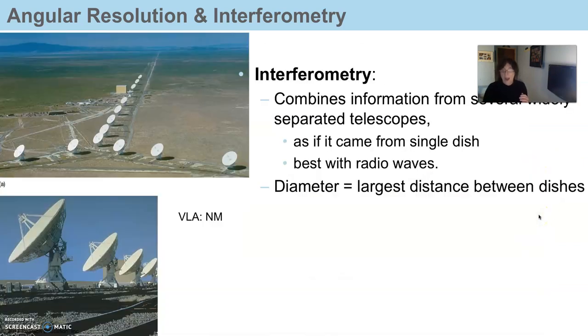So when you're looking at this, the diameter that you effectively get is the largest distance between the dishes.